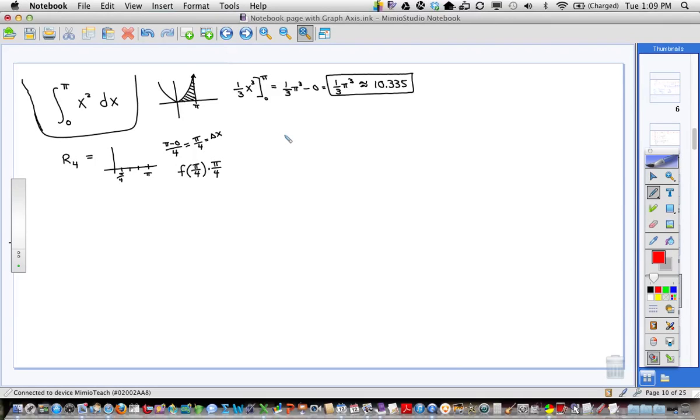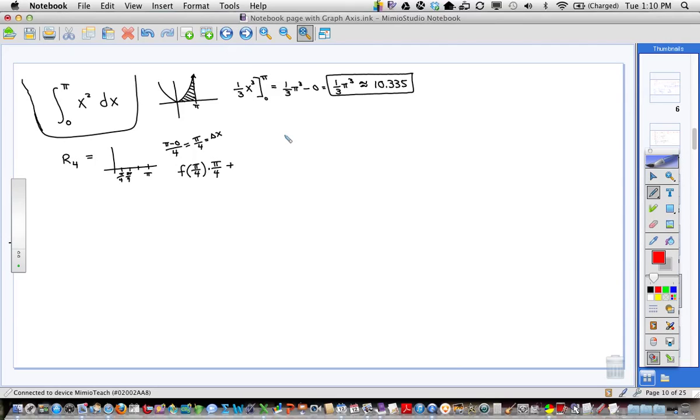Now what's my function? It's x squared, but I don't even care about that. I want to do f notation. What's my next right input? Hold it. Stop right there. Look up here. This first one is pi fourths. Then I move over pi fourths. What's my next one? 2 pi fourths. Now, why in the world would I want to leave that 2 pi fourths?